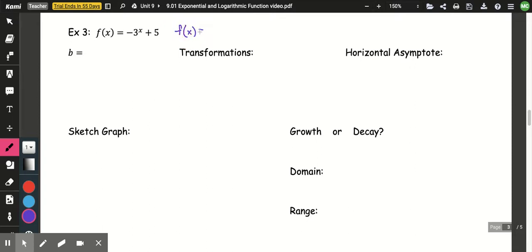But I want to eliminate this for you a little bit here. What this notation actually means is a negative 1 times 3 to the power x plus 5. So that negative in front is actually a reflection over the x-axis.